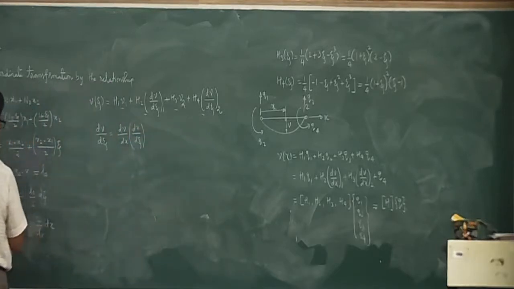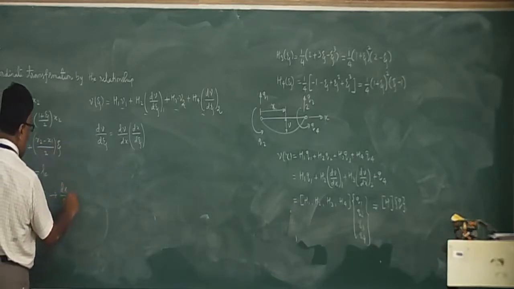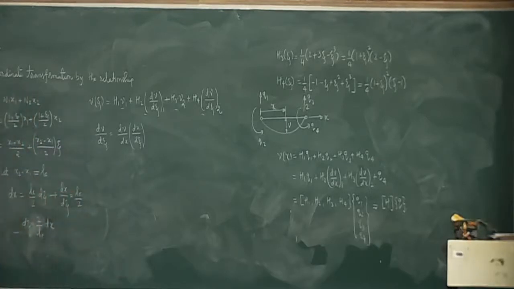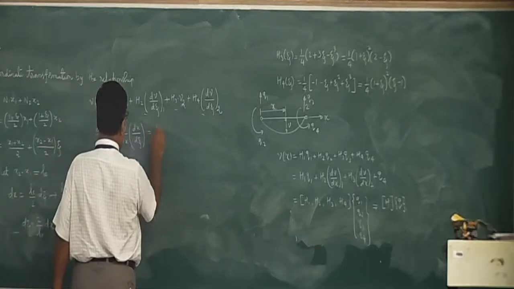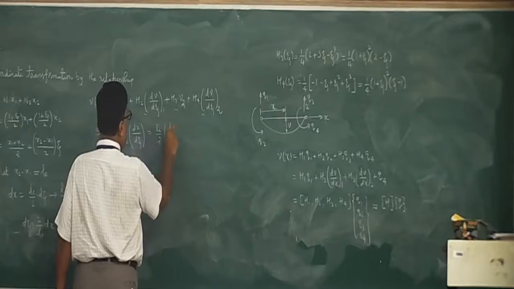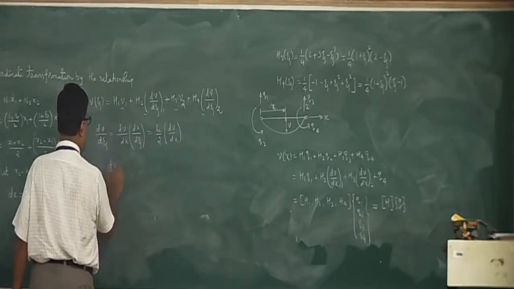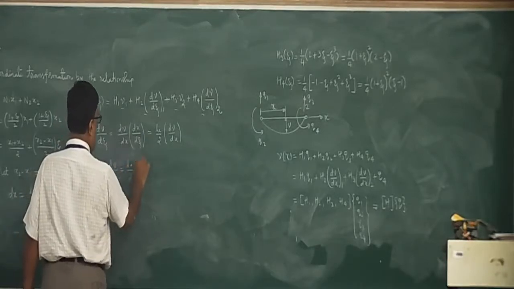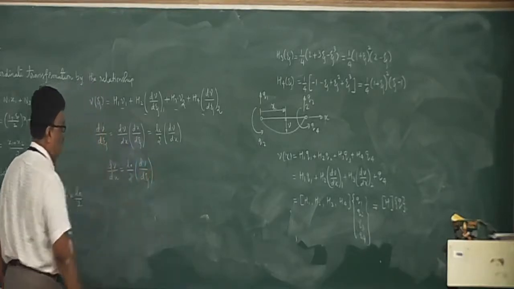It gives you LE by 2, half the length of the element. So dV/dζ is LE by 2 dV/dx, or dV/dx is 2 by LE dV/dζ.